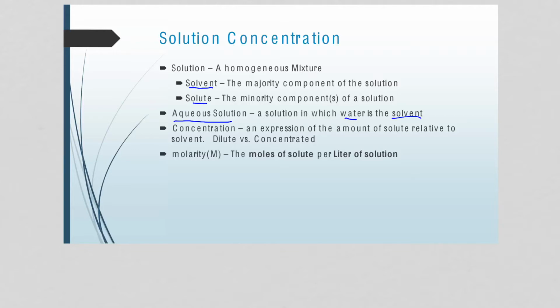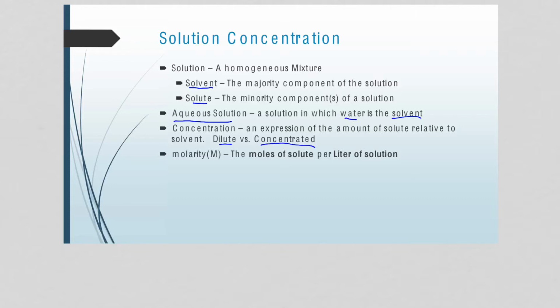Now, when we talk about solutions, we have to be able to talk about how much solute is in a given amount of solvent. We need to be able to quantify. And this is called expressing the concentration. Of course, we can express the concentration in a relatively qualitative way by talking about a dilute solution or a concentrated solution.